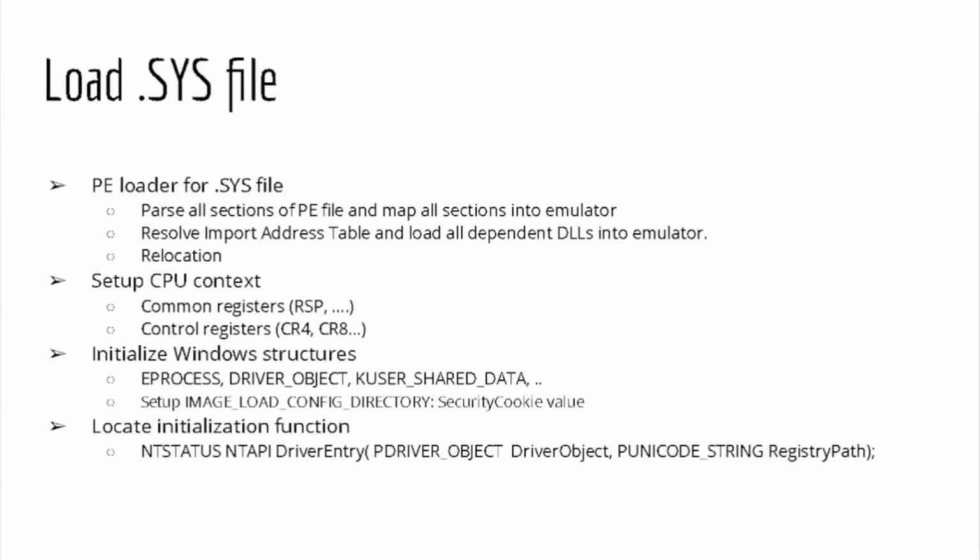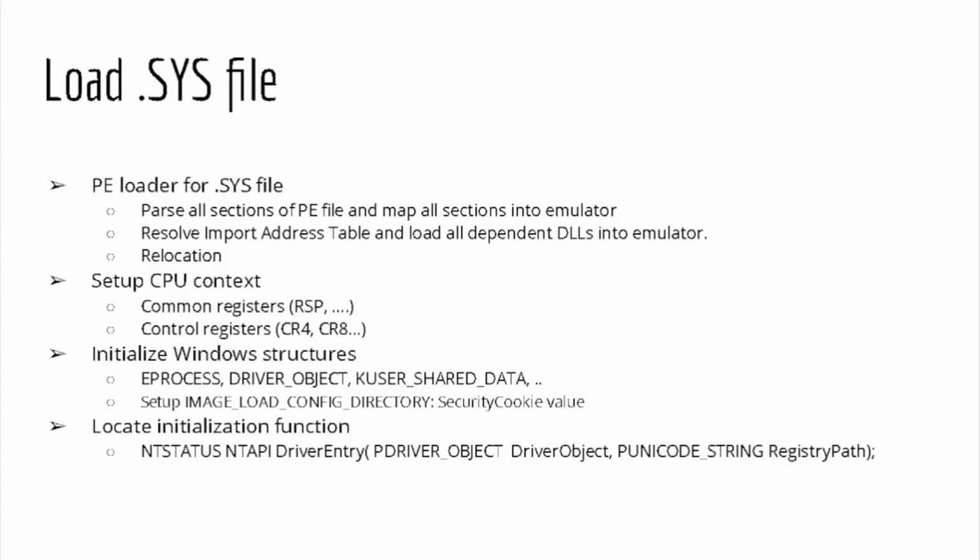The second step is setting up the CPU context. We should set up the stack pointer to point to the stack location, RIP to point to the entry point, and the control registers. Some drivers will not work if the CR4 register and CR8 register are not set.